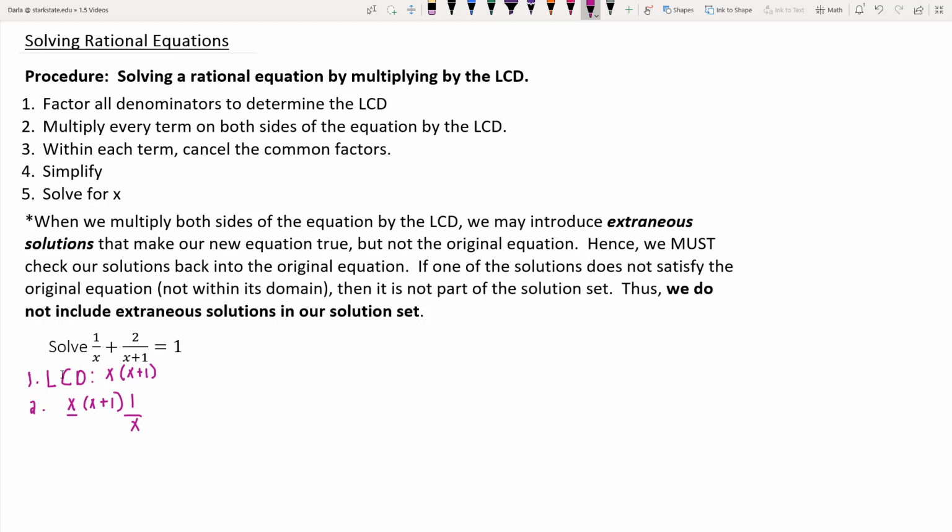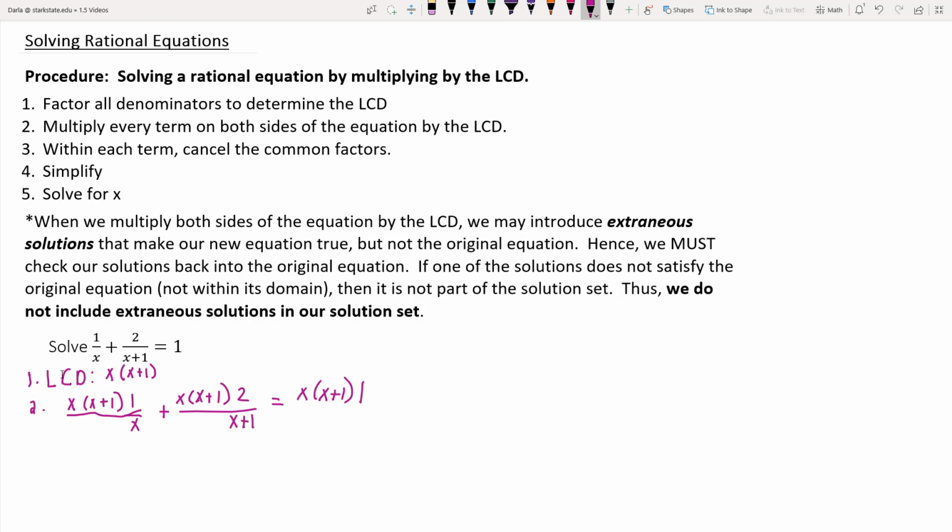And if you want, you can make that one big fraction, plus x times x plus 1 times 2 over x plus 1. And then that'll equal x times x plus 1 times 1. So you can see that we multiplied every expression by x times x plus 1.